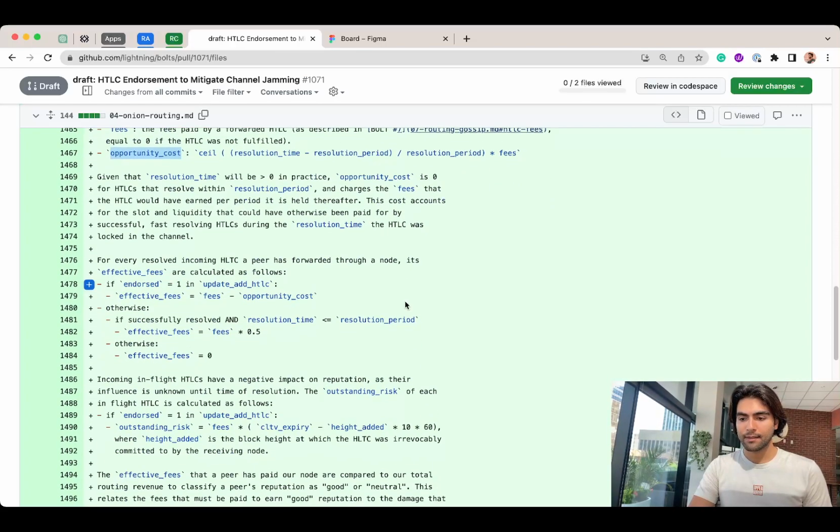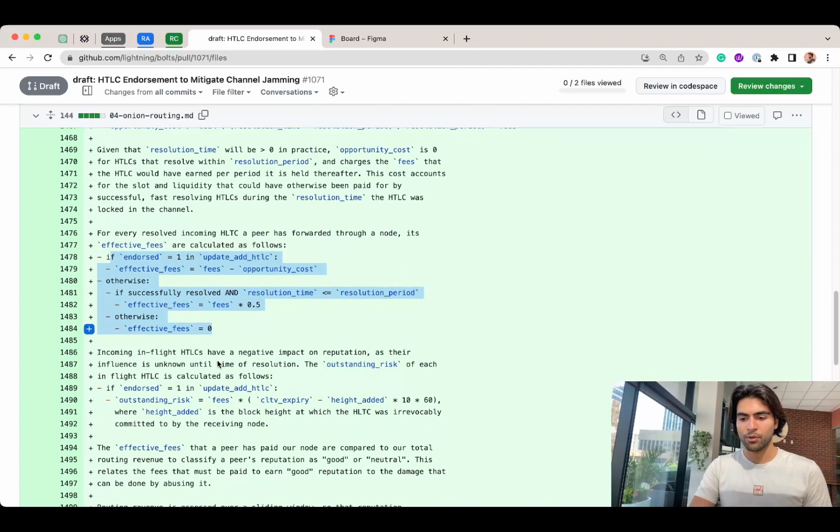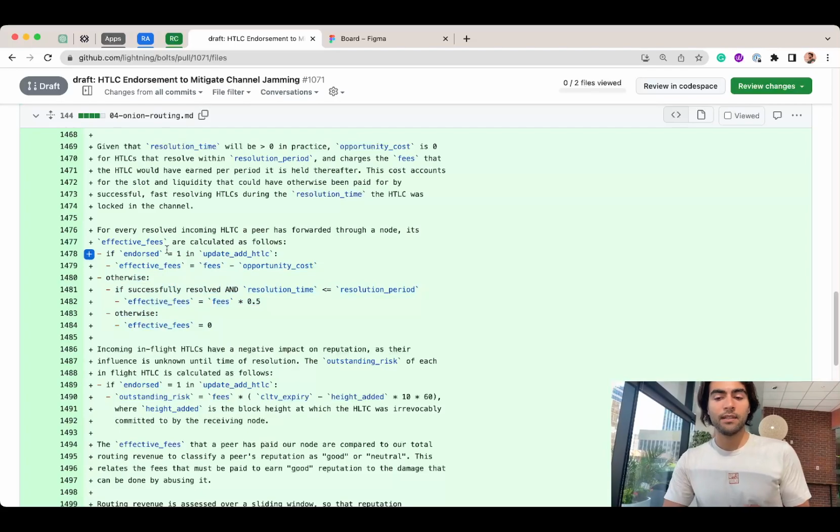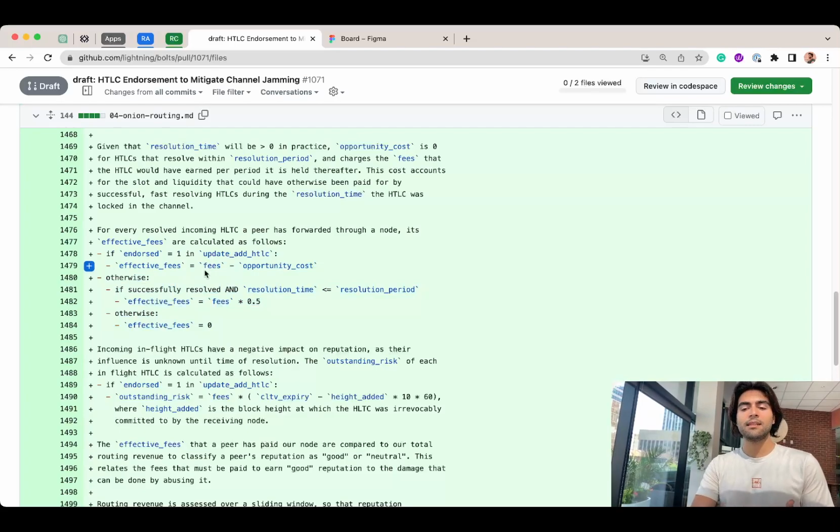Here's the logic that we use to update the reputation for our peers. If an HTLC comes through where the endorsed field was set to 1, so it was an endorsed payment, then we update the reputation of the neighbor as this formula suggests. We say effective fees are fees minus the opportunity cost.